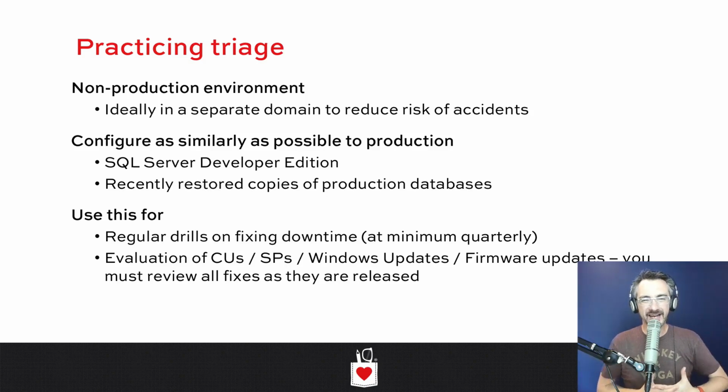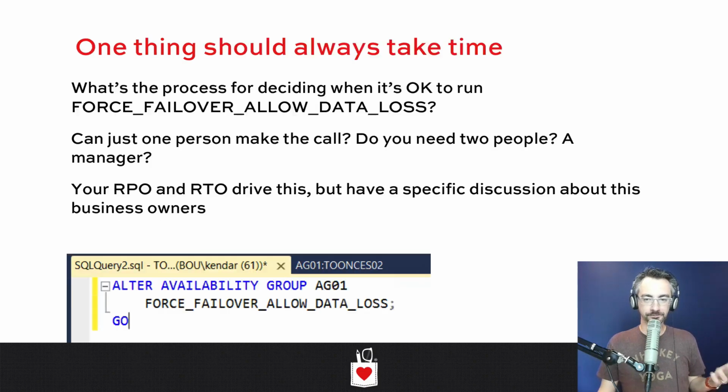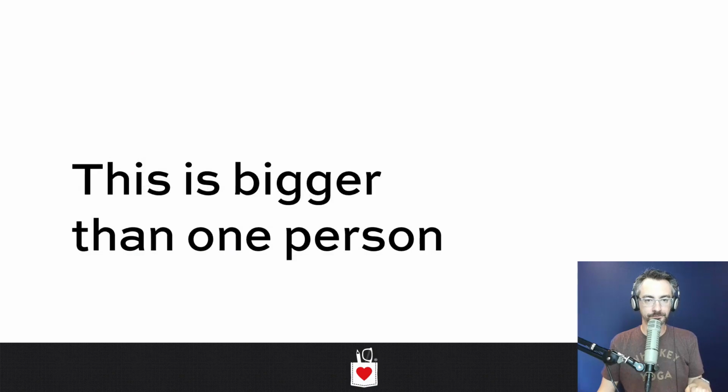If you do that in a development environment, you're going to be constantly breaking their development environment, and the developers will hate your guts. There's one piece that should always take time. That command, force failover with allow data loss, should always have multiple people involved just as a sign off that, are we all really sure that the command we're about to run actually makes sense?